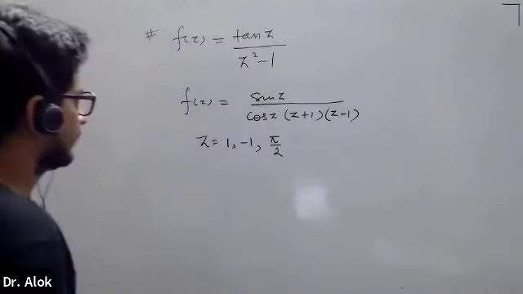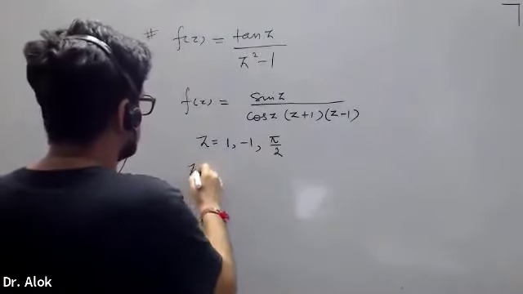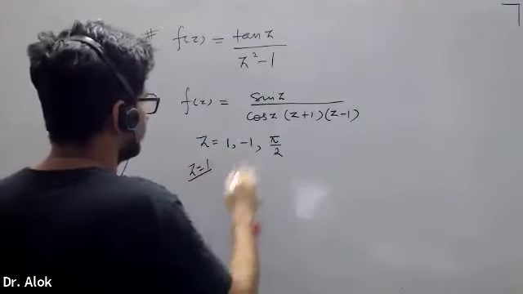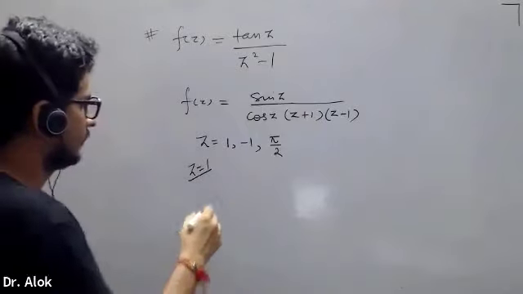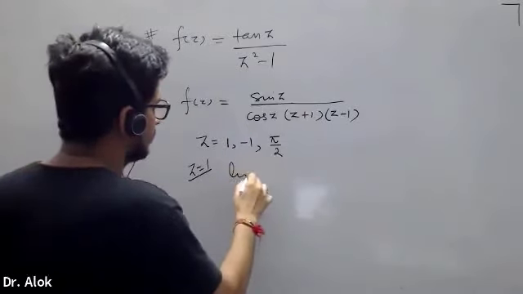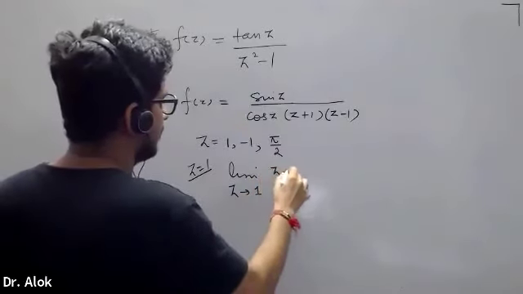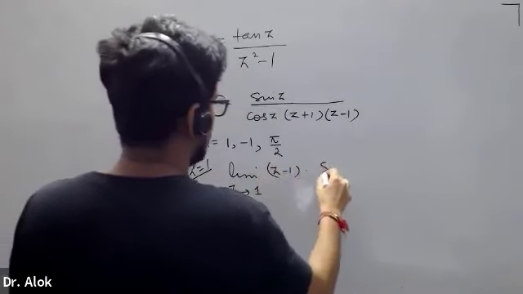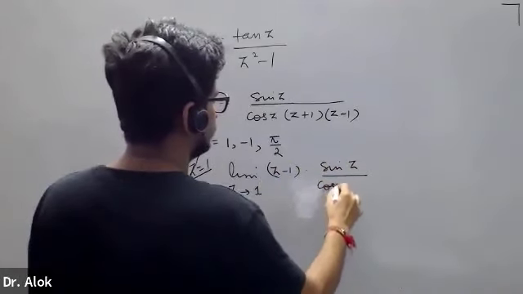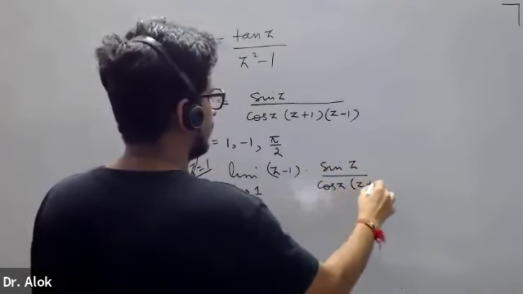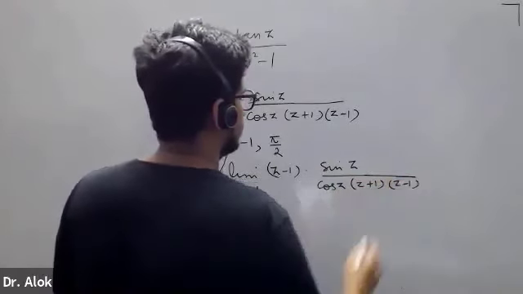And if I calculate the value first for z is equal to 1, it is a case of simple pole, so it will be limit z tending towards 1, z minus 1 into sin z over cos z, z plus 1 into z minus 1.